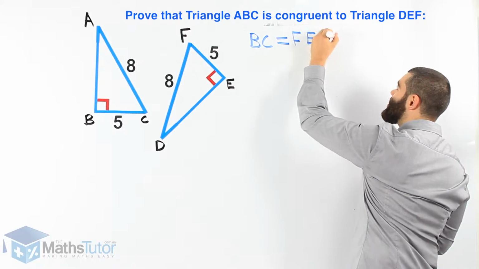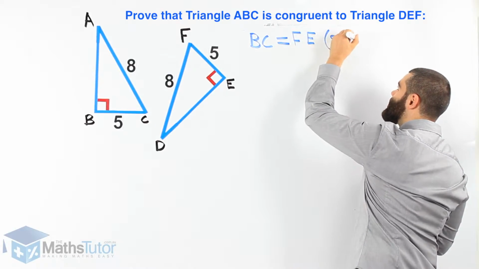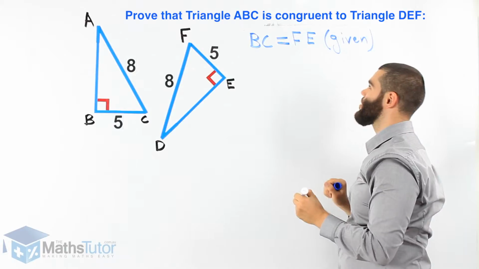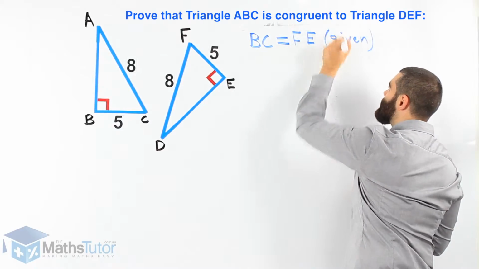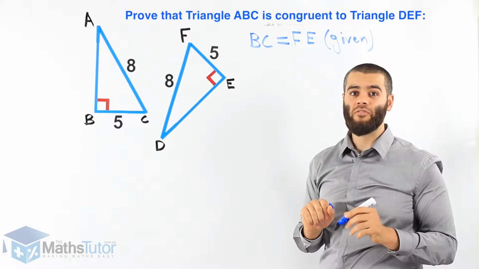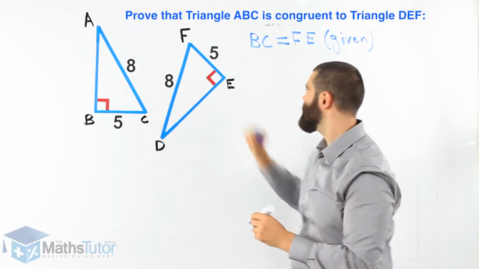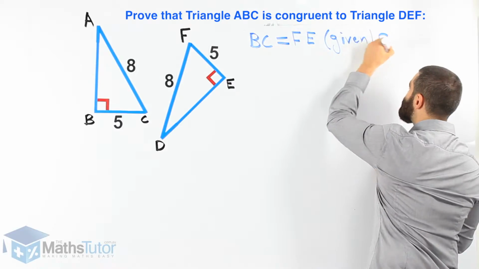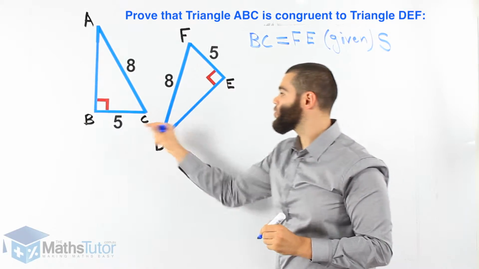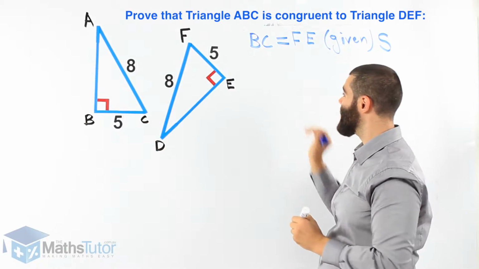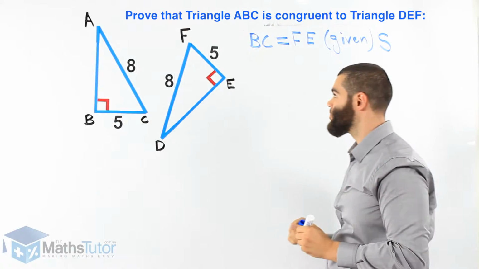That means the reason is given information. BC equals FE, given information. That is the answer for that. And this is a side. I always like to write S here, S for side. Now we have finished with that one.